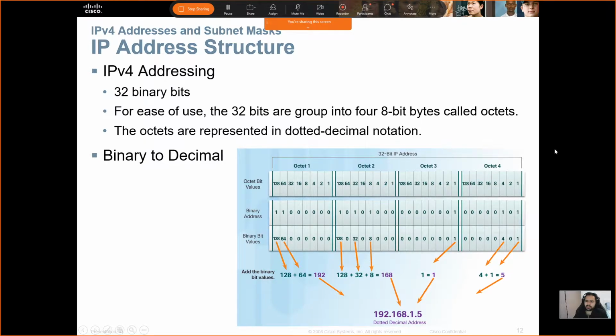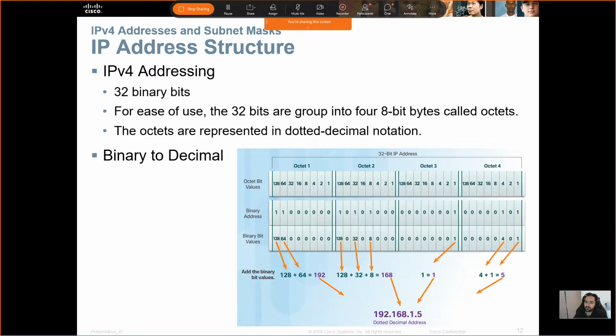And what does the IPv4 address look like? We have two types of IP addresses nowadays: the IPv4 address and the IPv6 address. IPv4 is one of the first iterations of the IP address scheme. It is a 32-bit binary address.